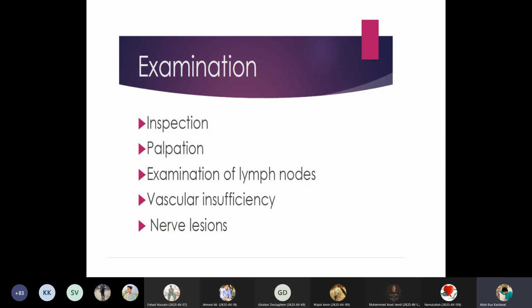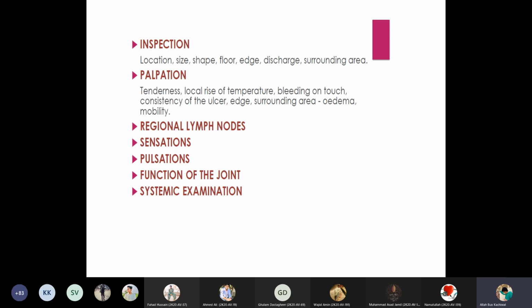For examination of the ulcers, you have to carry out inspection, palpation, examination of lymph nodes, vascular insufficiency, and nerve lesions. In the inspection, you have to see the location, size, shape, floor, edge, discharge, and surrounding area.